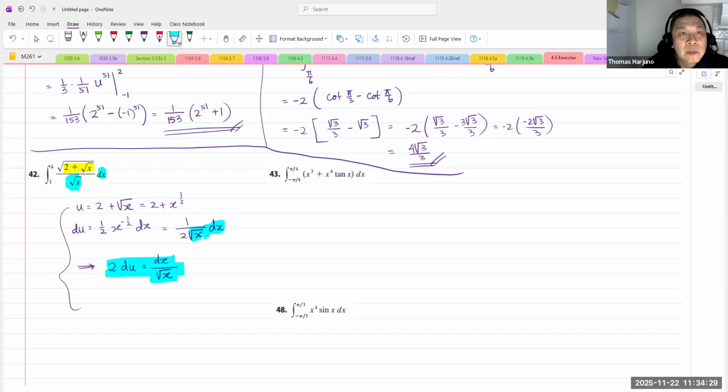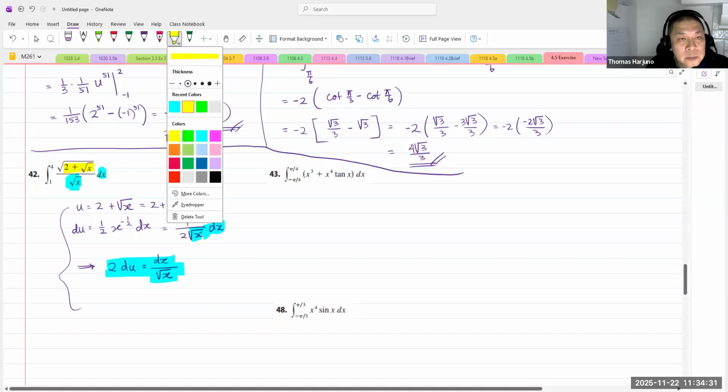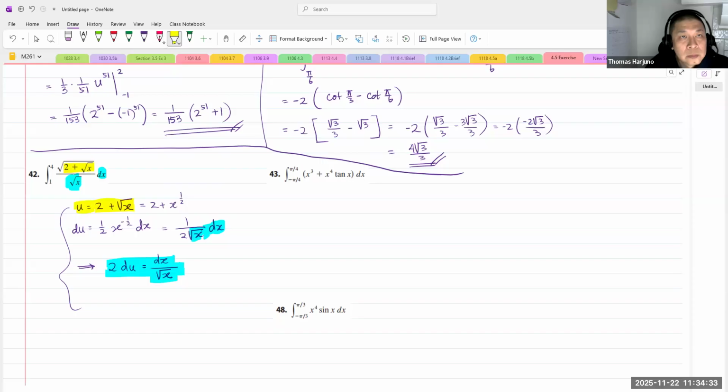Now, how about the limits of integration? At 1, u at 1 will be 2 plus 1, that's 3. U at 4, that will be 2 plus square root of 4, that's 2 plus 2, that's 4. Okay. So 1 becomes 3, 4 becomes 4.